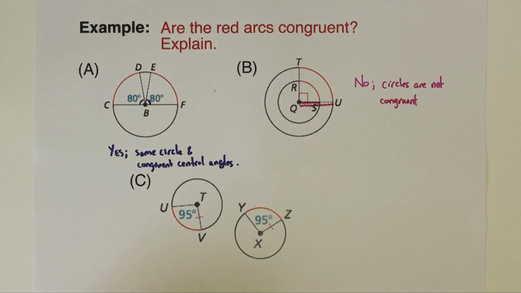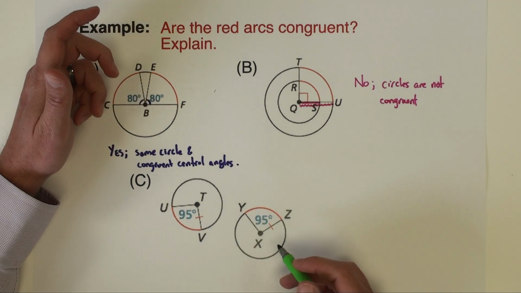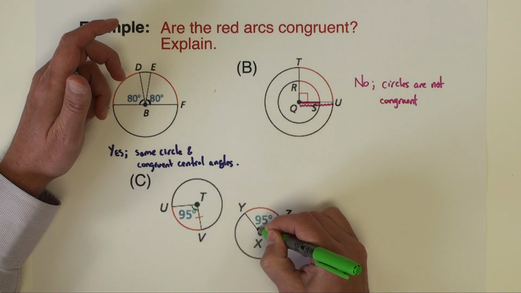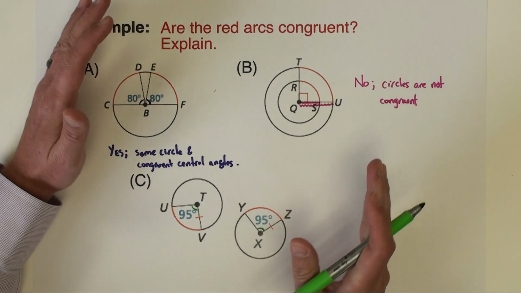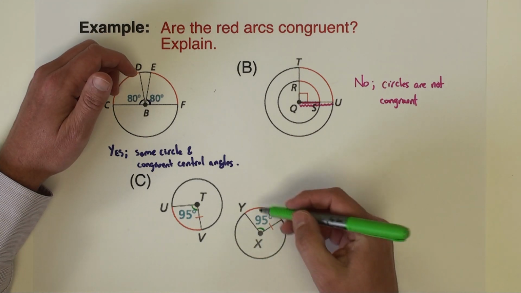And then finally, question C here, we've got arc UV and we've got arc YZ. Now here both arcs are 95 degrees. Okay, so that's good, we can check that box. They've got the same measurement there. This is the key part though.